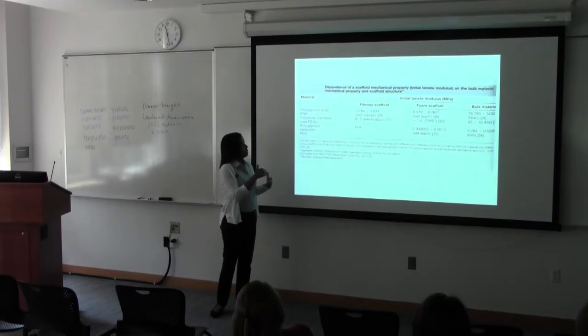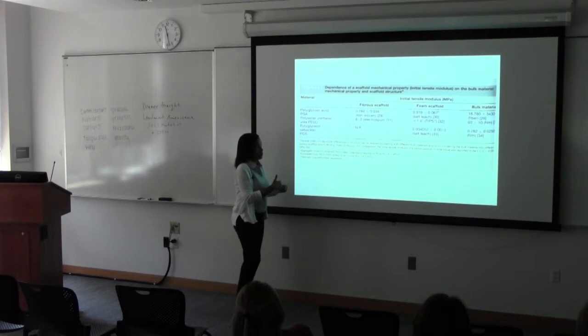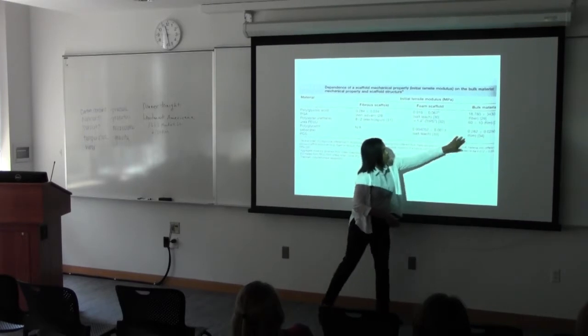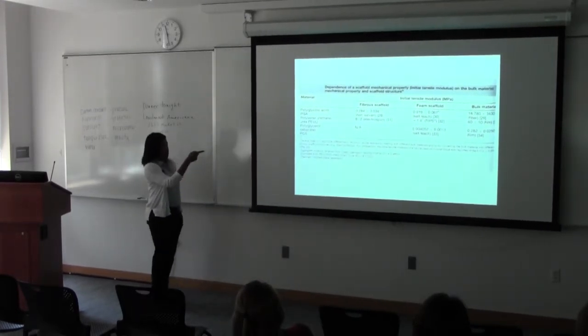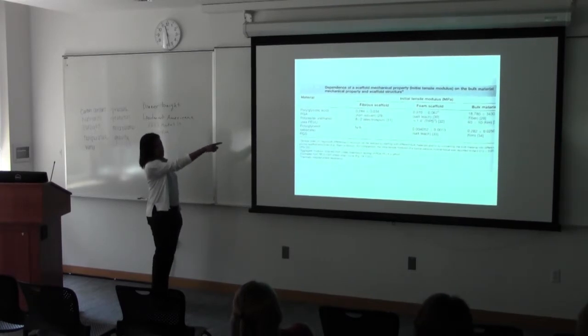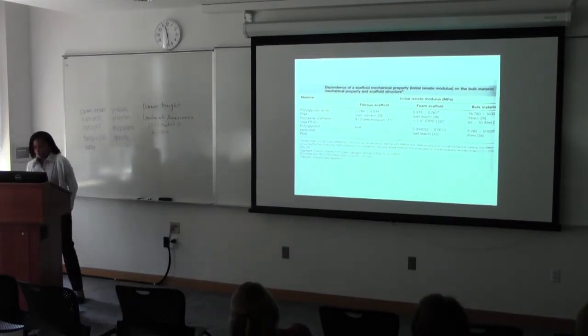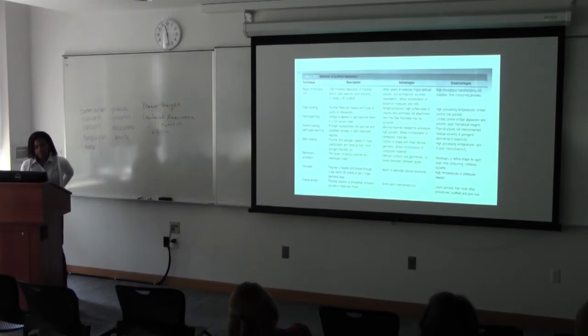That's something you have to keep in mind when designing your structures. How far do you want to go? What kinds of material properties do you need? Your bulk material may have a really high modulus, in this case, but as soon as you make pore structures out of fibers or foams, you see what a big reduction you can get in properties. So again, you have to consider that.